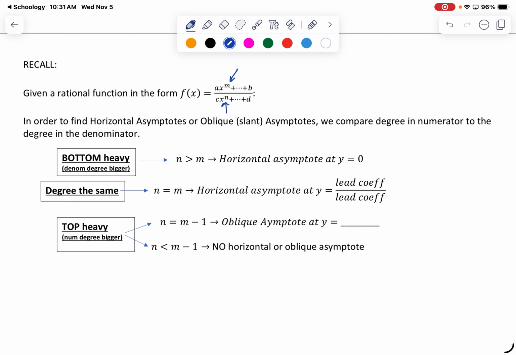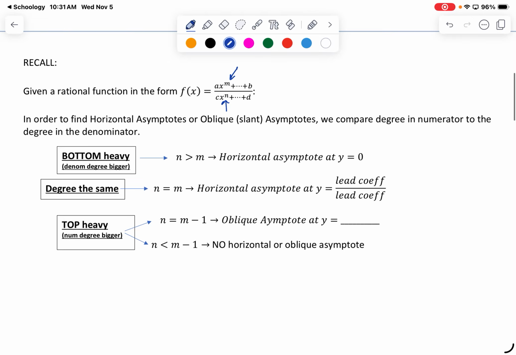So you're going to compare the degree of the numerator to the denominator. If the degree in the denominator is bigger, or in other words, n is greater than m, or it's bottom heavy, it's automatically y equals 0. If the degree is the same, if m is equal to n, then there is a horizontal asymptote at y equals a ratio of your leading coefficients. So this would be a over c.